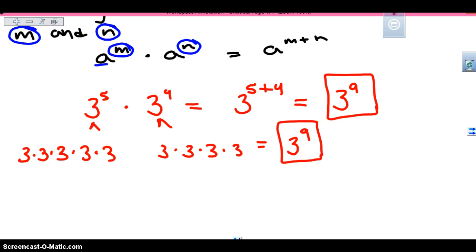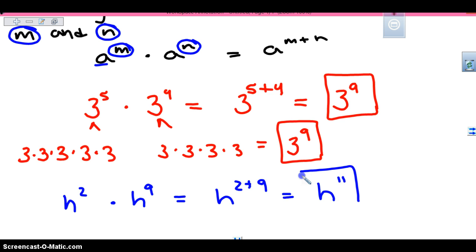Let's say we have h squared times h to the 9th power. With the multiplying powers with the same base property, we know that this is equal to h to the 2 plus 9, or h to the 11th power.